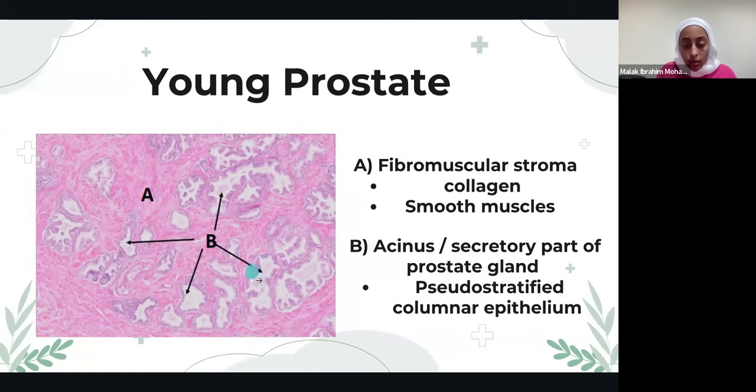Now, this round circular thing is the secretory part, the gland. If you look closer, the epithelium is pseudostratified columnar epithelium. So again, this is the fibromuscular stroma, and this is the secretory part of the prostate gland, lined by pseudostratified columnar epithelium.